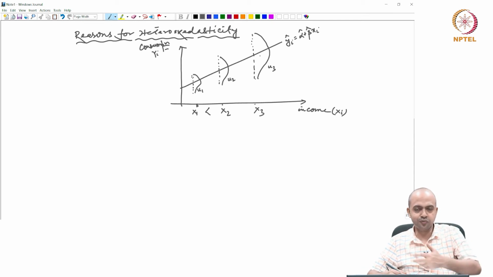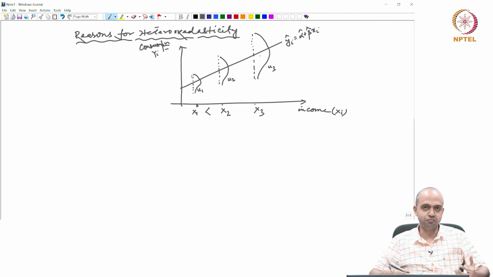So, at higher levels of income, consumers enjoy higher degrees of freedom to select from different consumption bundles, and as a result high income people become less predictable, and that is why this much of mistake, this much of error variance.